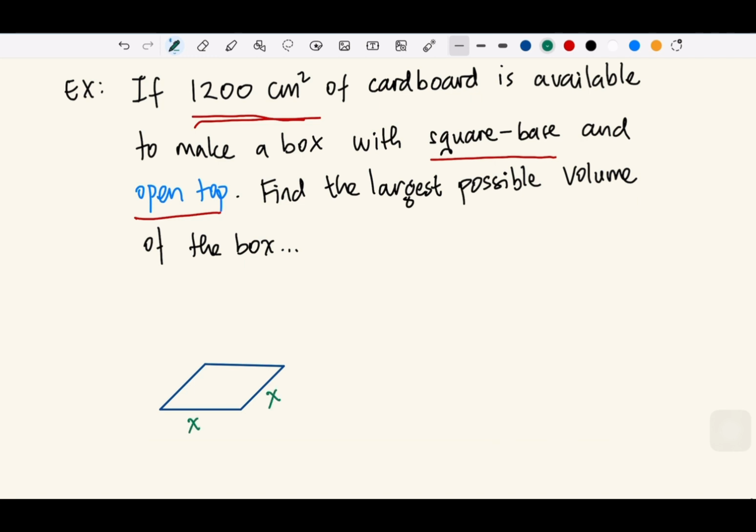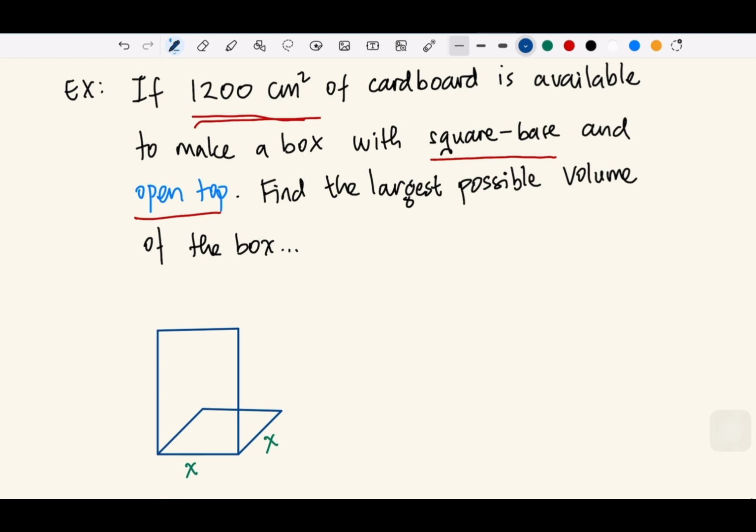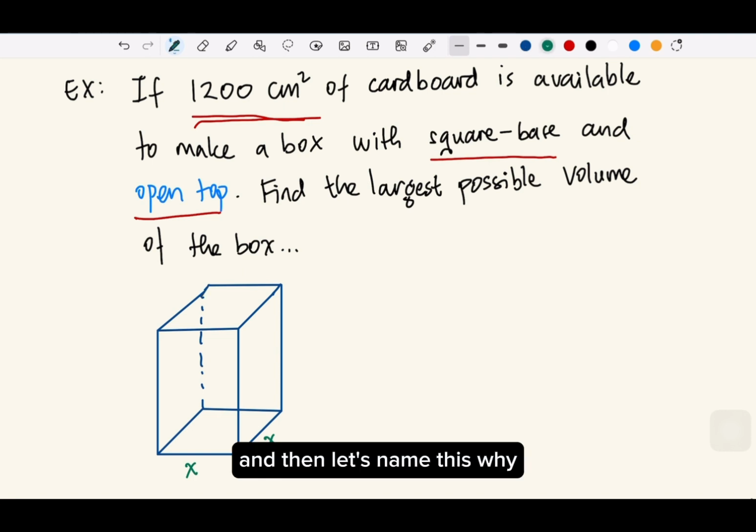And we have a different height, let's name this y.